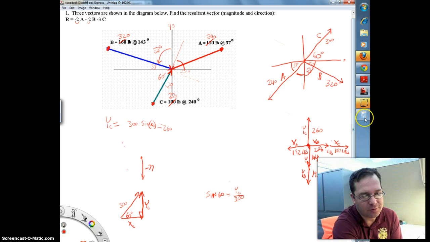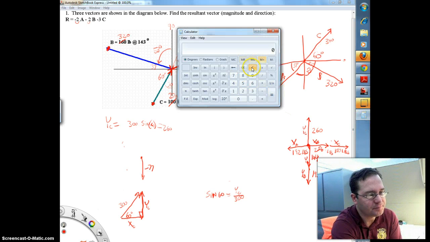The horizontal components, same practice. We will add those that are pointing towards the right, so 150 plus 256, and then from that we will subtract the one pointing to the left. And we get a rightward force of 214 pounds.